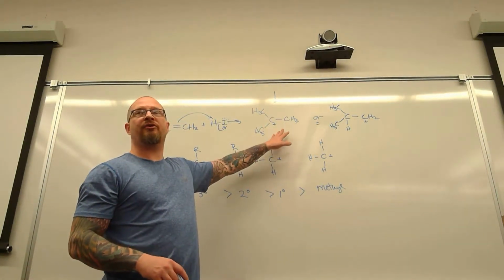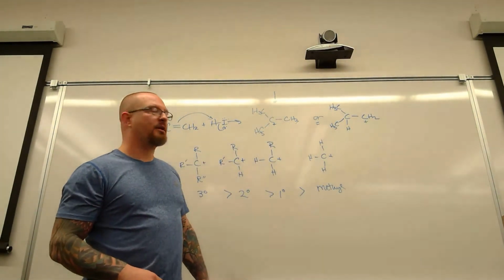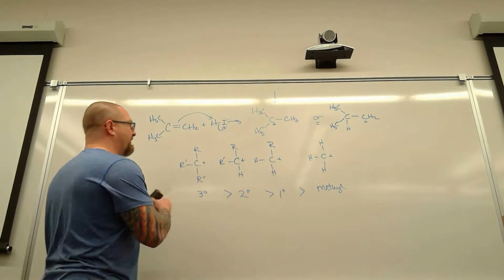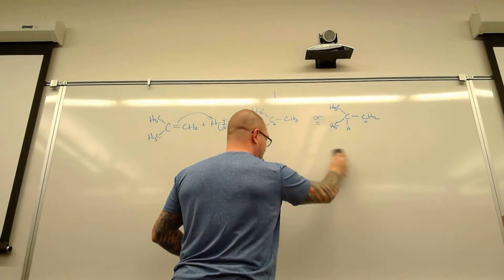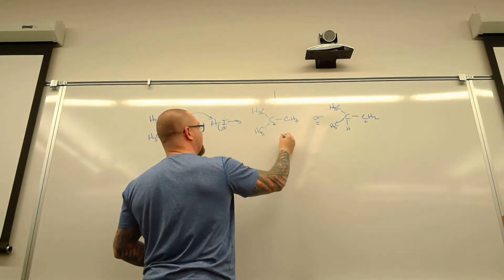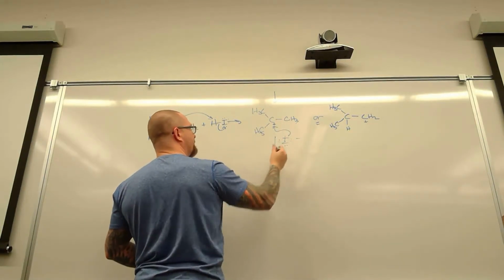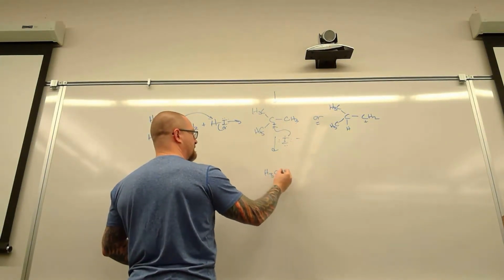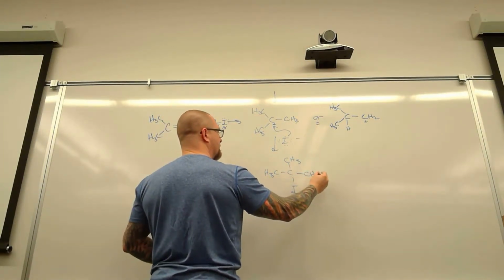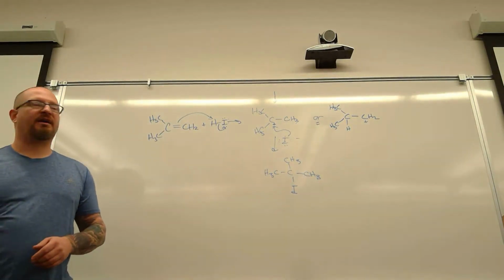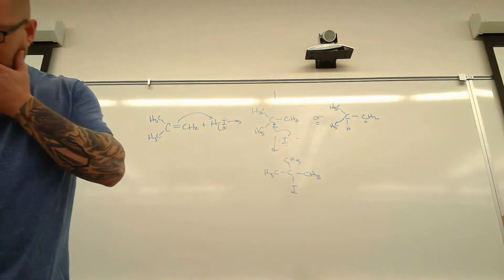But when you compare tertiary to primary, it's nearly 100% preferred to be tertiary. So once we've identified that this is our preferred carbocation, it makes predicting the product pretty easy because we've got our iodide, which can do our second attack, and this is our product, instead of having the iodine hanging off of this carbon over here on the side.